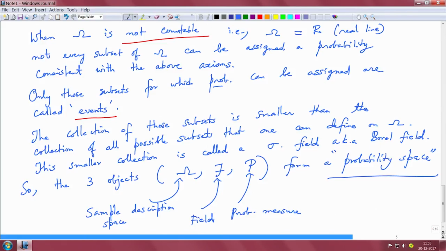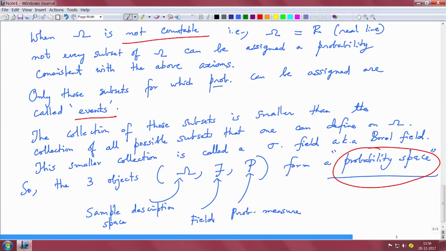So, when somebody talks about probability space, you have to understand that we are referring to these three objects which are part of this space, that is the sample description space, the field and the probability measure. This is an important concept in the context of the modern set theoretic framework for probability, and often you will require this notion in your research or in your higher understanding, right.